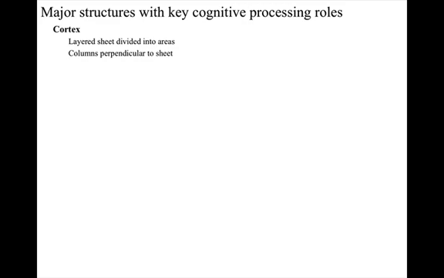There are different areas on the sheet, and there are slight differences in the organization of the layers in the different areas. Then, the neurons are also organized into columns perpendicular to the layers. And there's more connectivity between neurons within a column than between neurons in different columns.